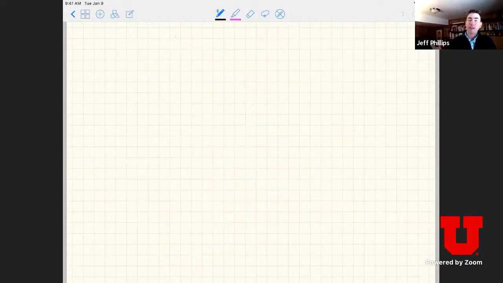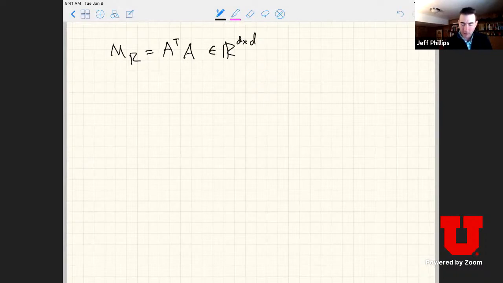Okay, so how do we give rise to these positive definite or positive semi-definite matrices? We're going to do this in two ways. M_R is going to be given rise by multiplying a data matrix by itself, A transpose A. This will now be a matrix in R^(D×D). And I can also do this the other way, M_L equals A A transpose, and this will be a matrix in R^(N×N).